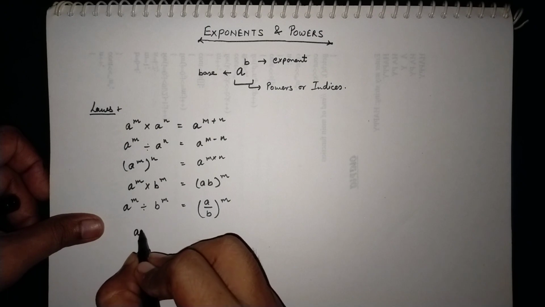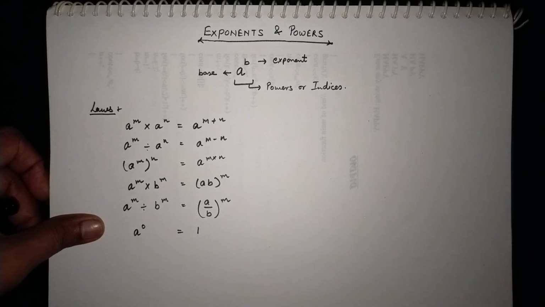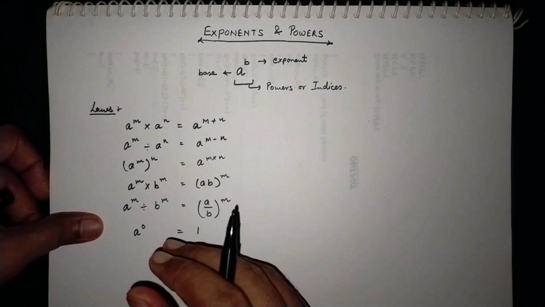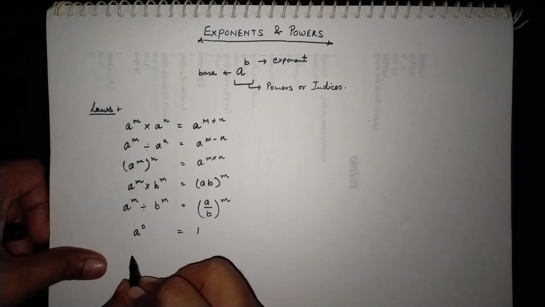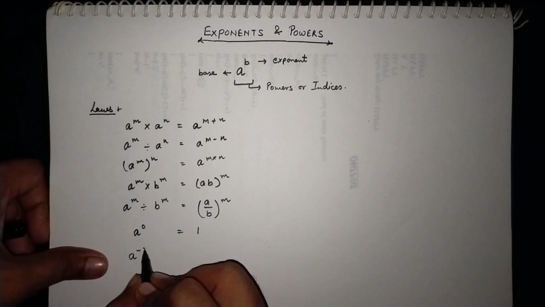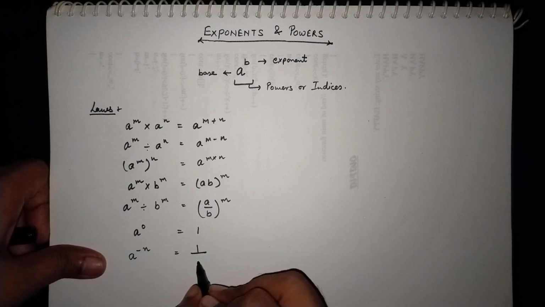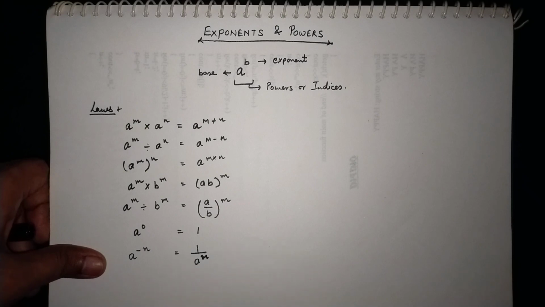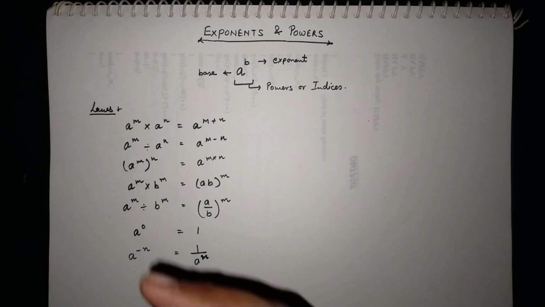We also have a to the power 0 equals 1. That is, any number to the power 0 equals 1. Then if any number has a negative power, this makes the reciprocal of the number, that is a to the power n in the denominator.